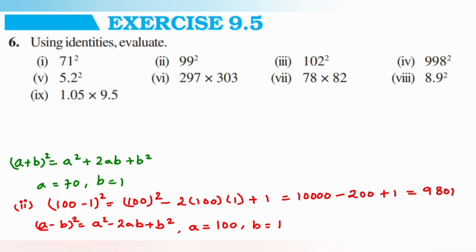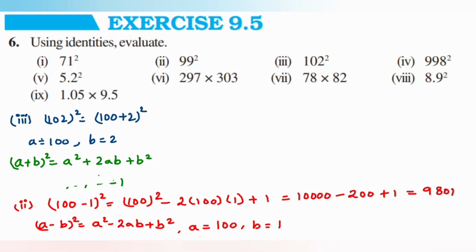So the third question is 102 square. So we can write it as 100 plus 2. So 102 square can be written as (100 plus 2) whole square. So again it's like (a plus b) whole square, where your a value will be equal to 100 and b value will be equal to 2. We'll substitute this.